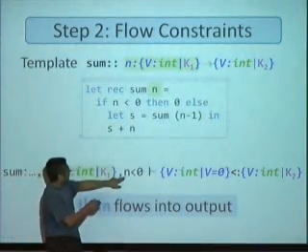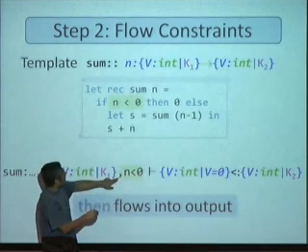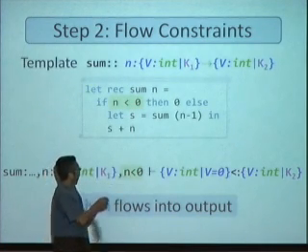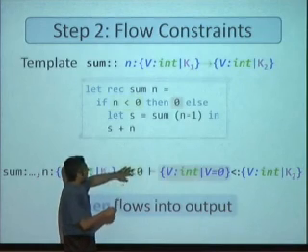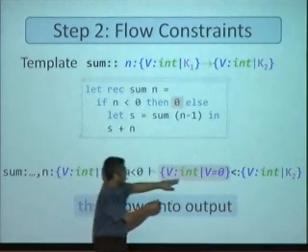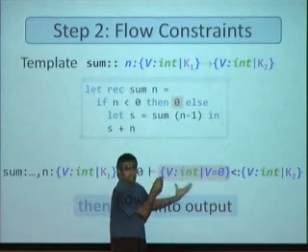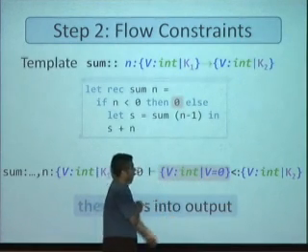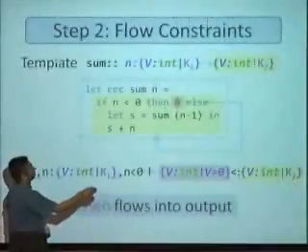And further, we know that the then branch is evaluated under a guard, n less than 0. Now the value of the then branch is value equals 0. This is the set of values that corresponds to the expression 0. So value equals 0 flows into the output, and the output is k2.